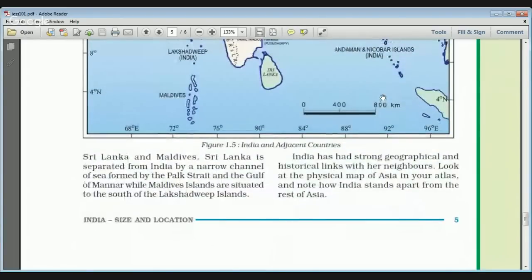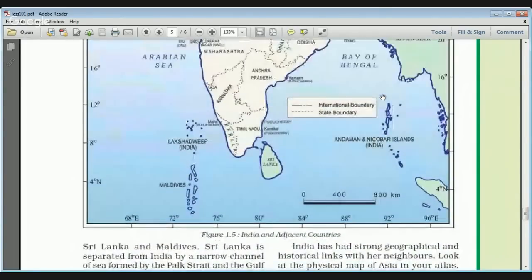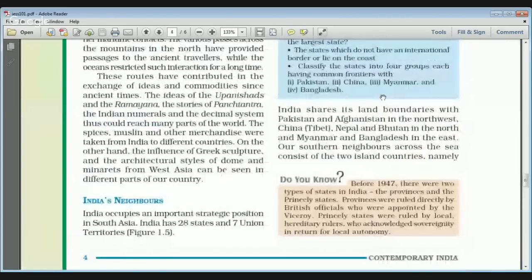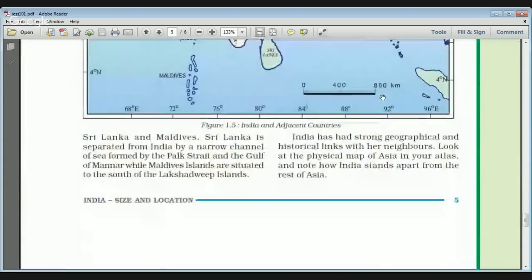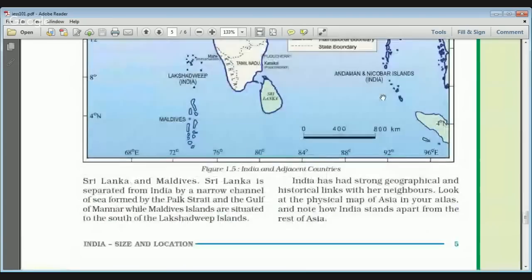We also have some southern neighbors across the sea, which consist of two island countries, that is Sri Lanka and Maldives. They are our neighbor countries, and Sri Lanka is separated from India by a narrow channel of sea formed by the Palk Strait. A strait is a link which connects two water bodies.